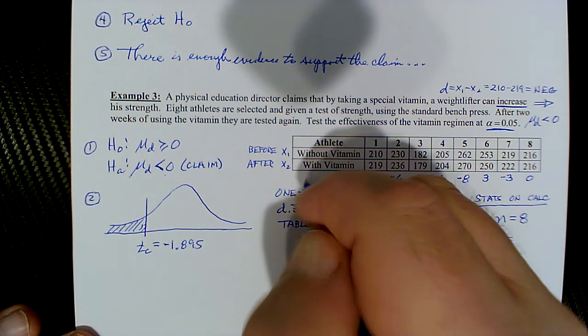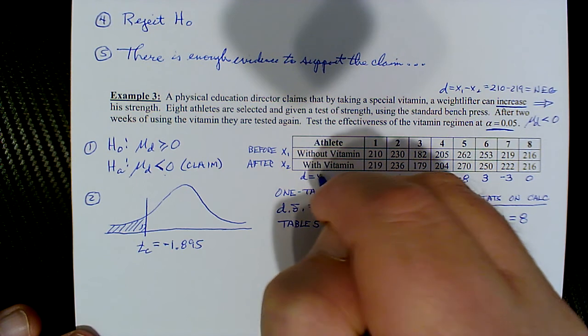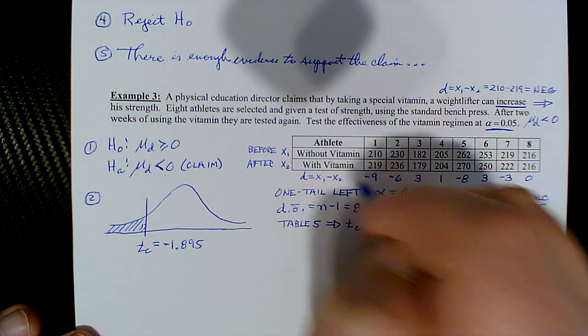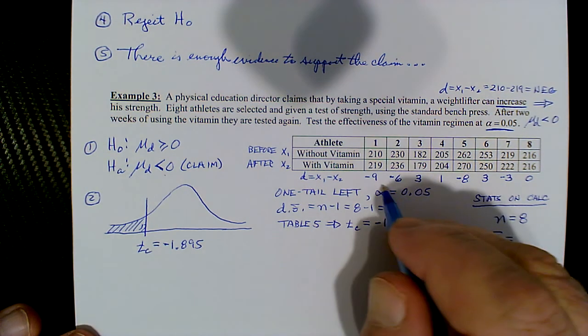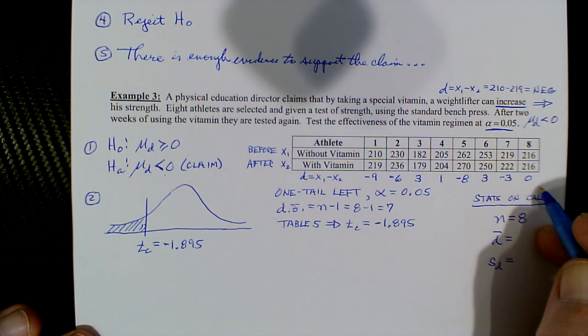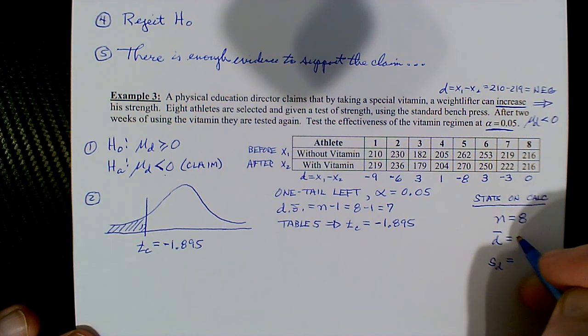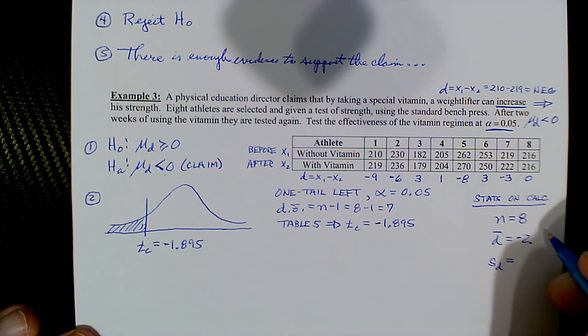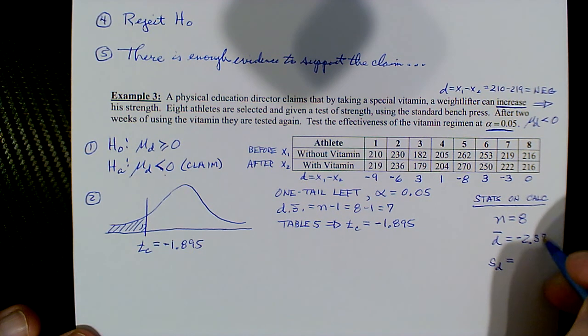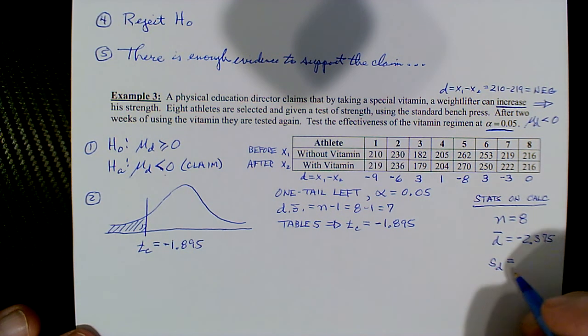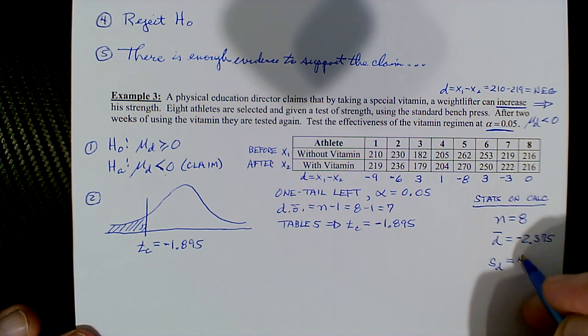These are the d's, the before minus the after, or x1 minus x2. So you enter those values into the calculator, and it gives us the mean of the differences, d bar, minus 2.375, and for the standard deviation of the differences, 4.8.